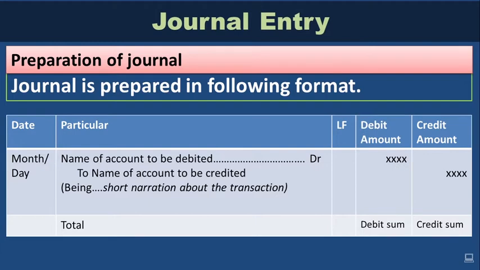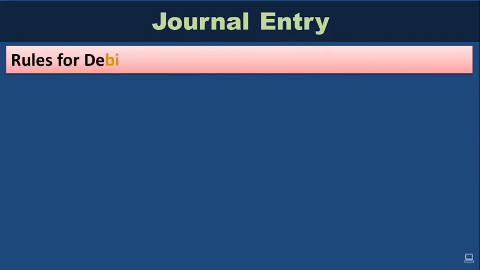And the last, credit: the credit column is used to write the amount to be credited against the credit account. At last, the totals of all the transactions are summed, debit sum and credit sum. The debit sum is always equal to the credit sum.